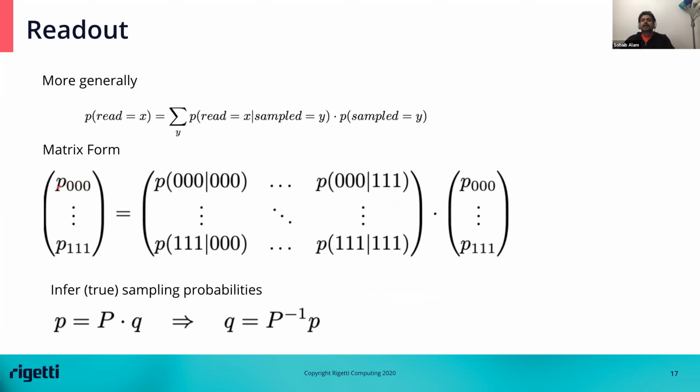And so these are probably erroneous, assuming some sort of readout error. And so in order to mitigate for these erroneous probabilities and work out what the true sampling probabilities were, I have to characterize this device. And I would characterize it by computing this particular confusion matrix.